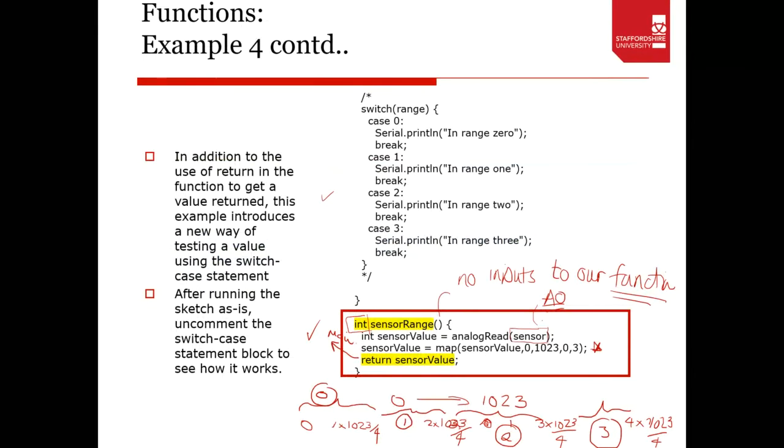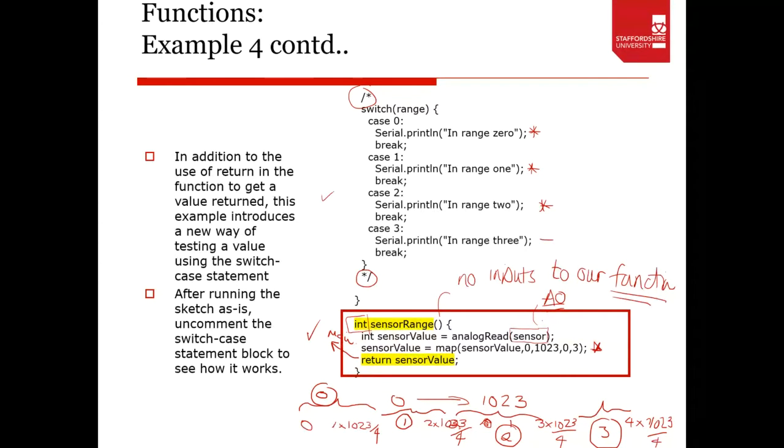And here what I've done is just, which is actually commented out for now, a switch of range, and you can do case 0 to case 3 just to check that you are going into each case.